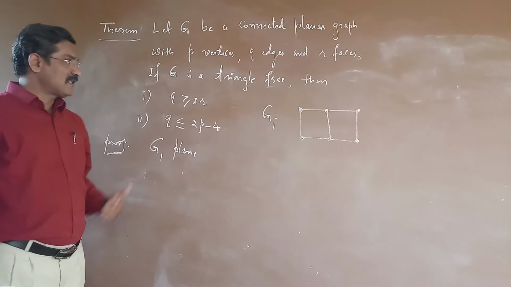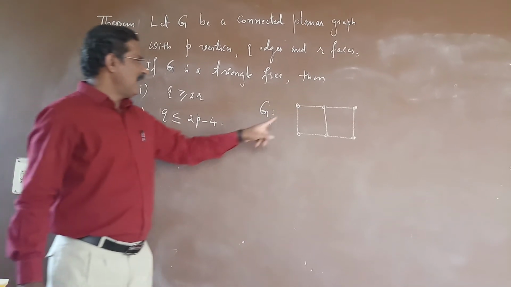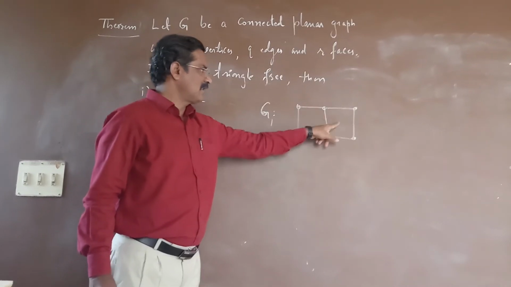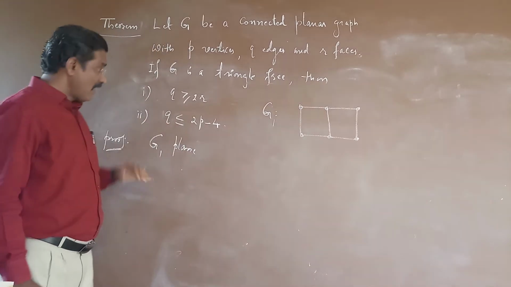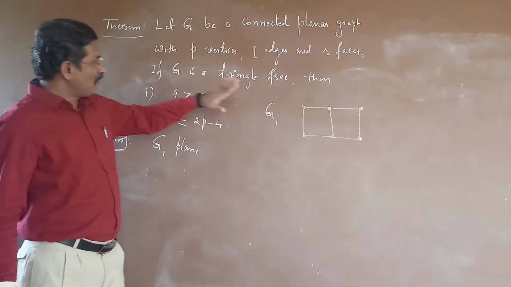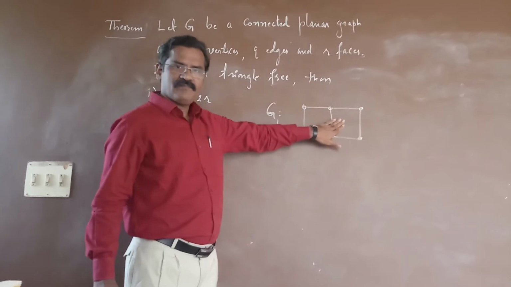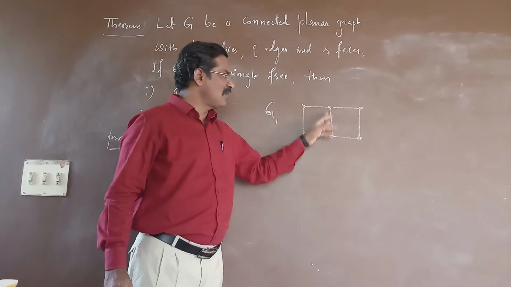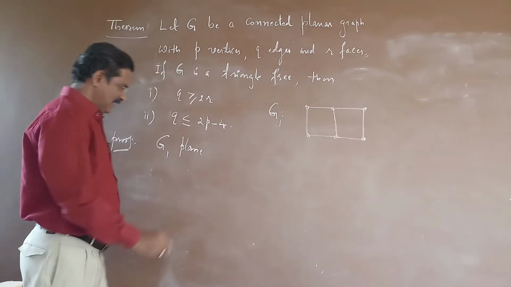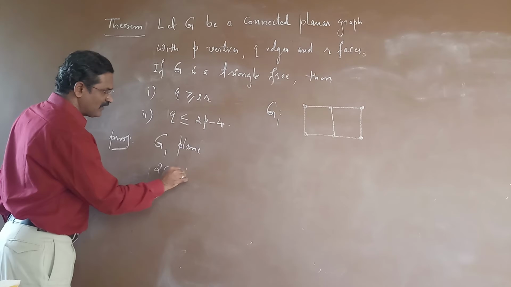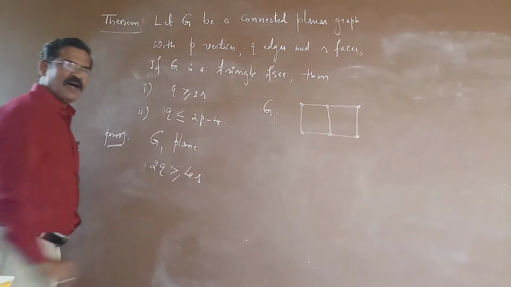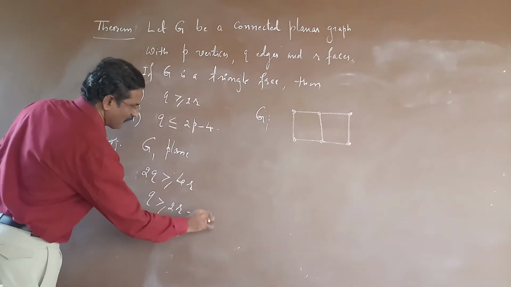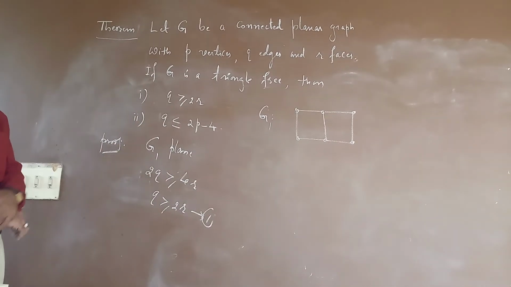Then again, as we have discussed in the previous result, every edge is on the boundary of exactly two faces. Another one: if you observe a face or a region, it is bounded by at least 4 edges, because it is triangle free. It implies 2Q is always greater than or equal to 4R, which implies Q is greater than or equal to 2R, which we got very easily.